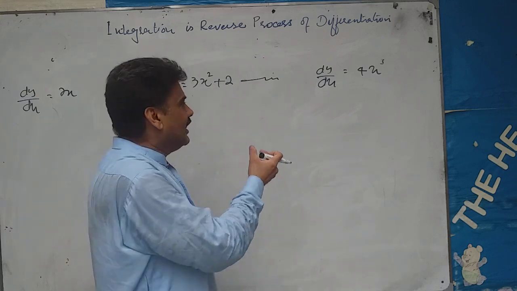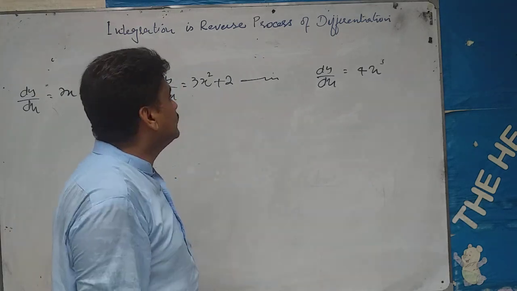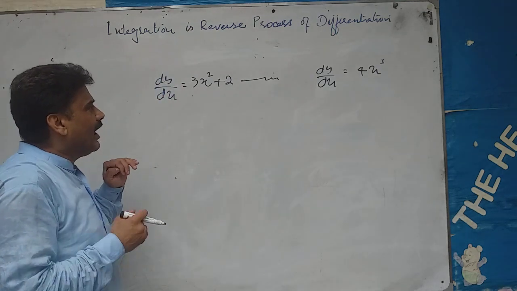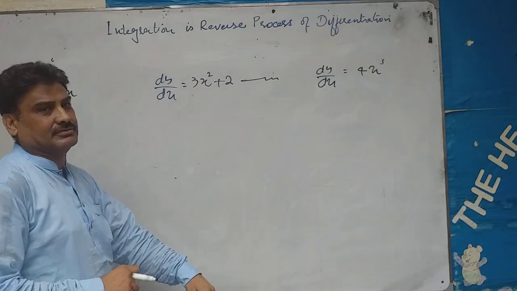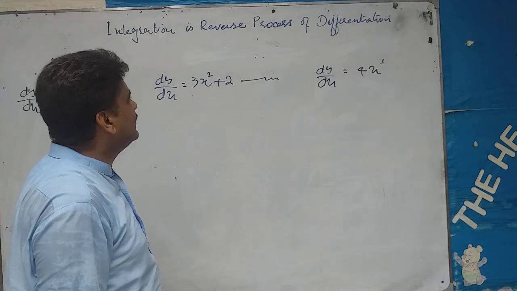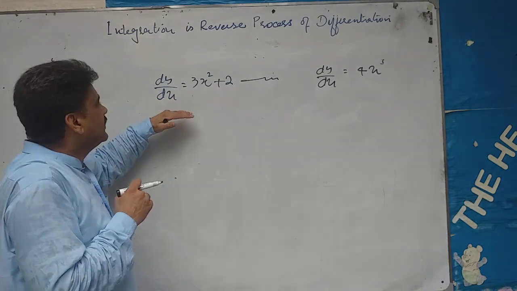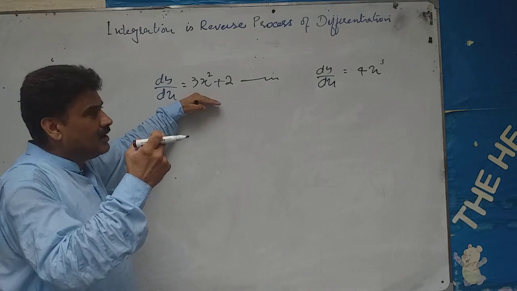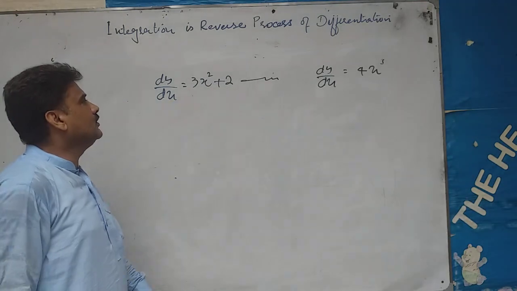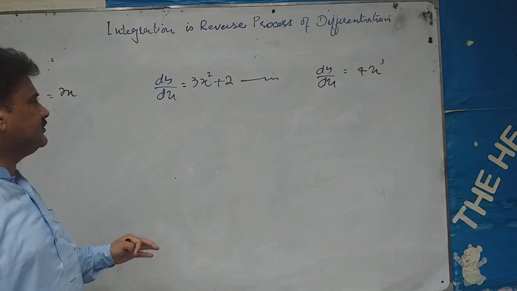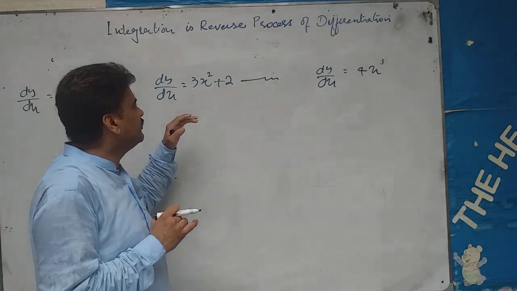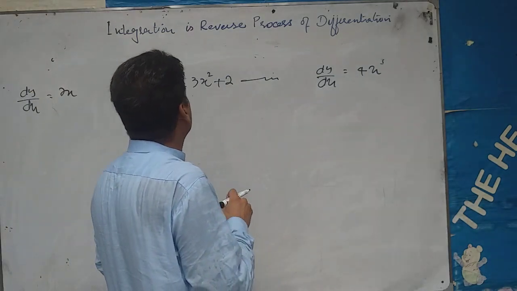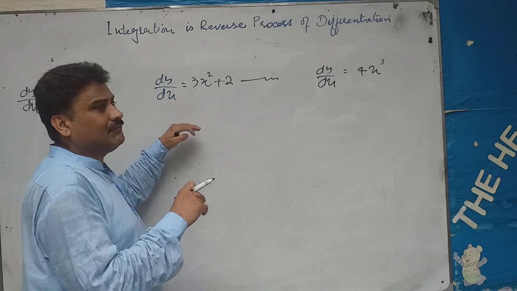For a little bit of time you will be surprised, you will think, how did we find these gradient functions? Definitely you found these gradient functions by differentiating. Differentiating is a process by which we find the gradient function of any function.